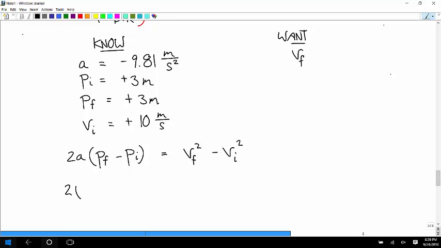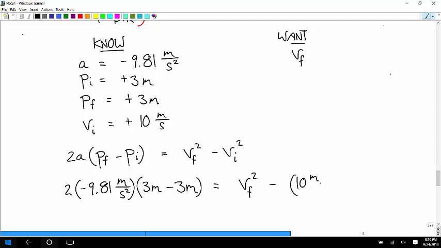So we have 2 times negative 9.81 meters per second squared times the quantity 3 meters minus 3 meters is equal to V final squared minus the quantity 10 meters per second squared. And you can see 3 meters minus 3 meters goes away. And so all that stuff on the left side of the equation goes away.